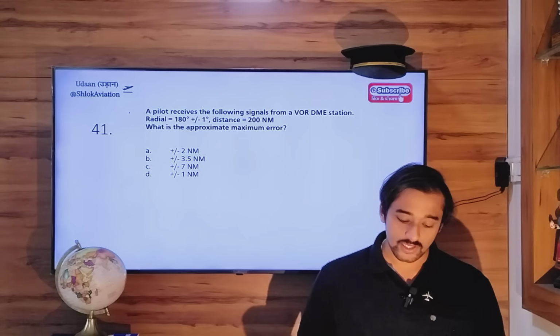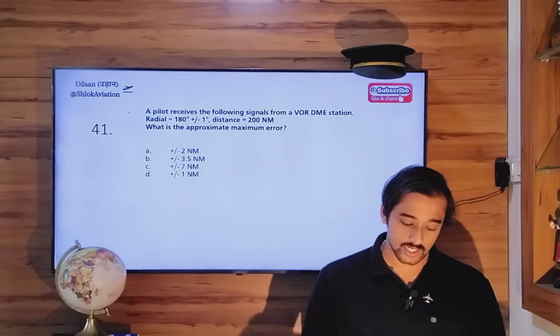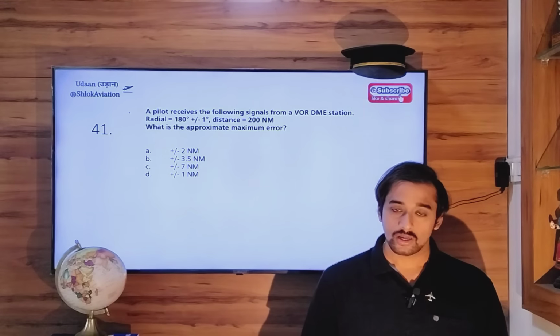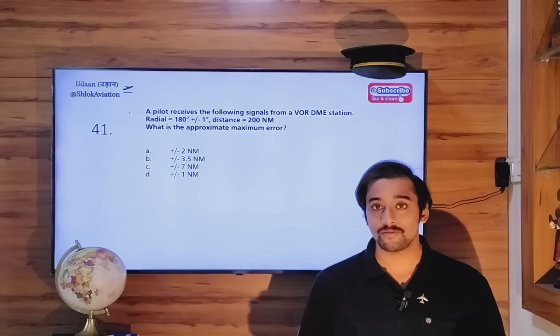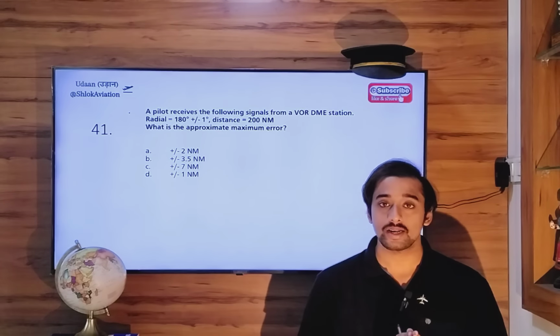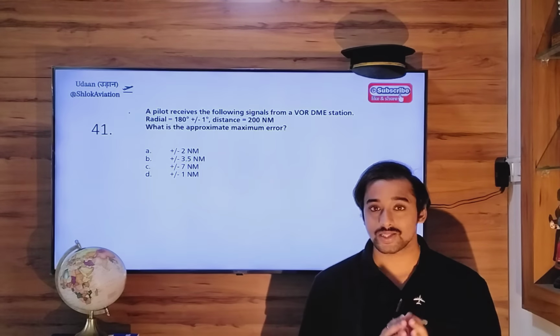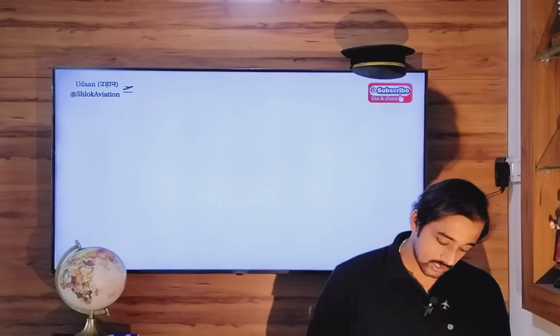A pilot receives the following signals from a VOR station: radial 180, accuracy plus minus 1 degree, distance 200 miles. What is the approximate maximum error? That means we have to calculate cross track distance, distance off track, right? So this is your VOR.